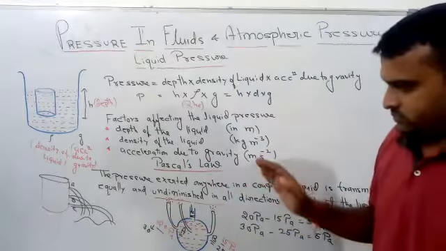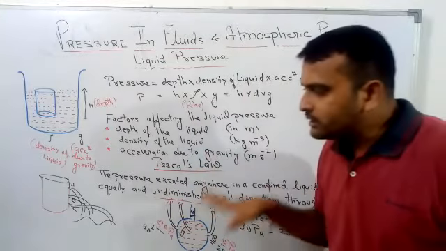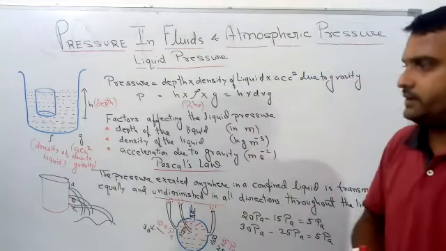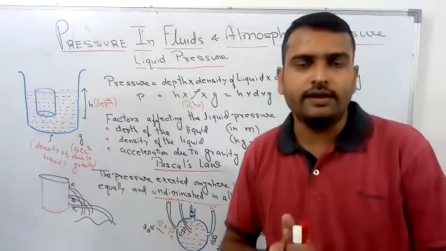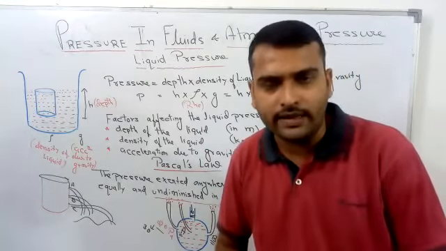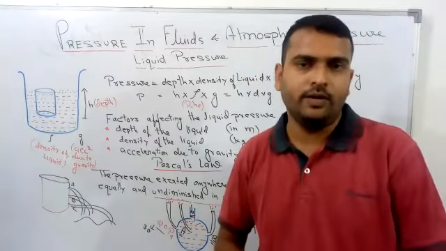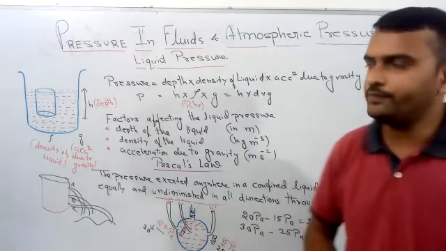So we conclude that a liquid has different pressure at different points and places.